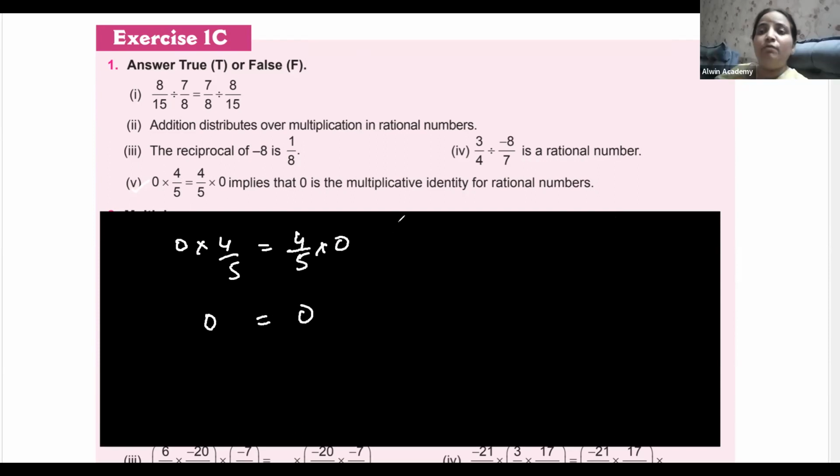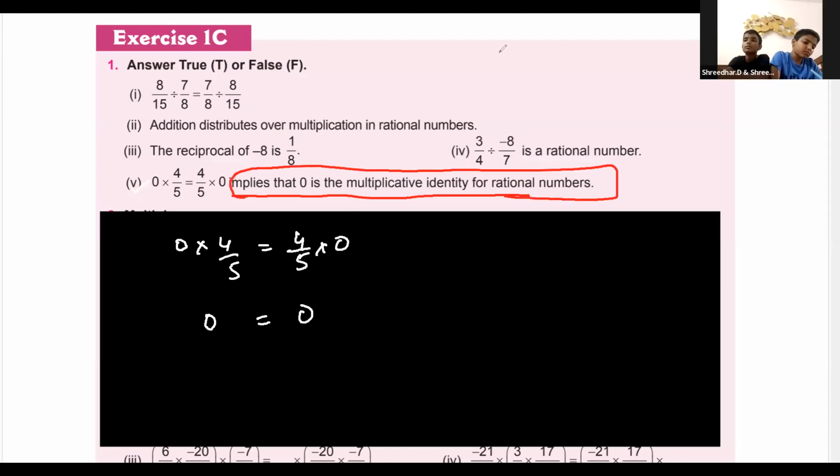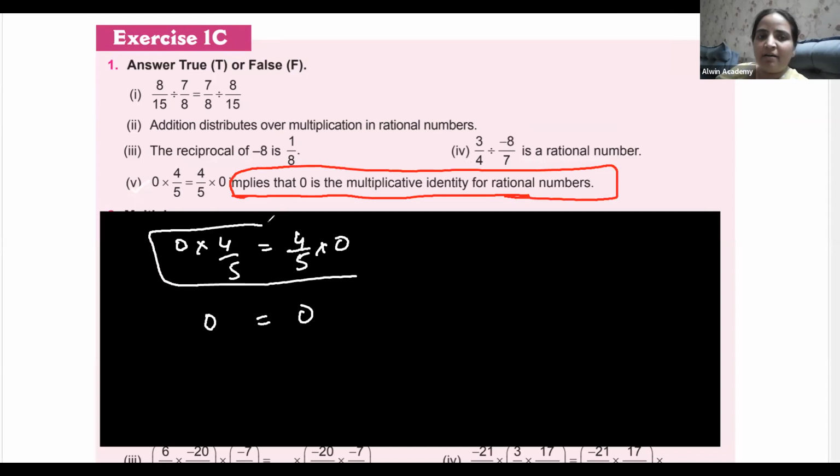Because no matter in which order you are multiplying 0, anything multiplied by 0 will always give you 0. Right? Now it implies that 0 is multiplicative identity for rational numbers. Is the fact written here telling you that this 0 is the multiplicative identity of our rational numbers? Is this property telling you the same thing?